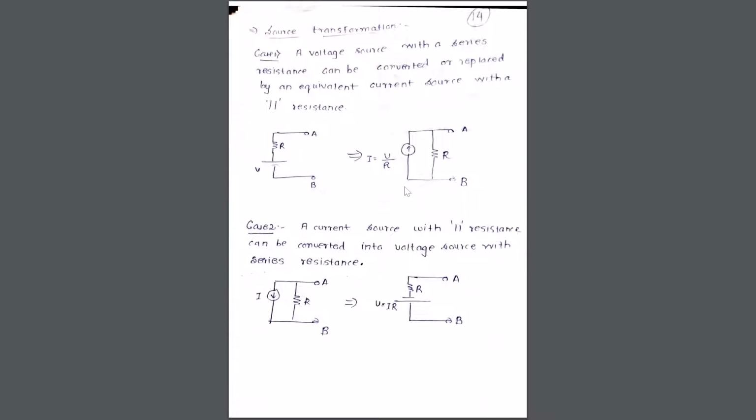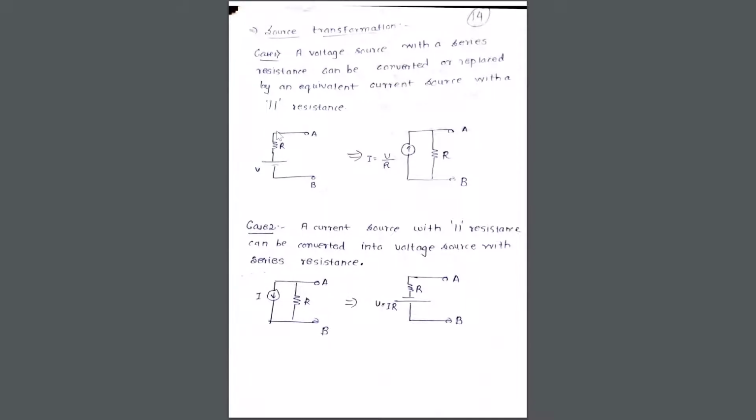By these techniques or rules, we can solve circuits and find the various parameters in that circuit. Taking the first rule of source transformation: a voltage source with a series resistance can be converted or replaced by an equivalent current source with a parallel resistance.